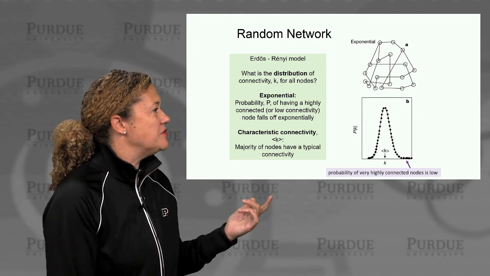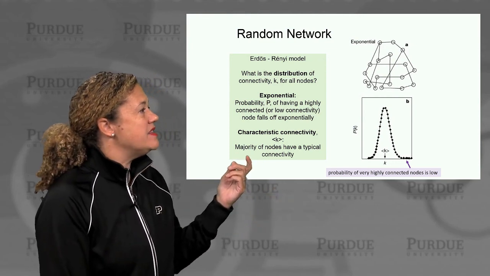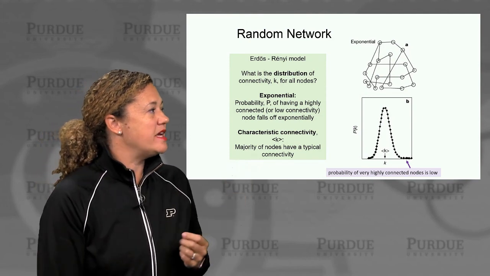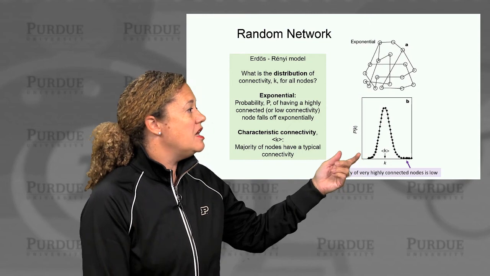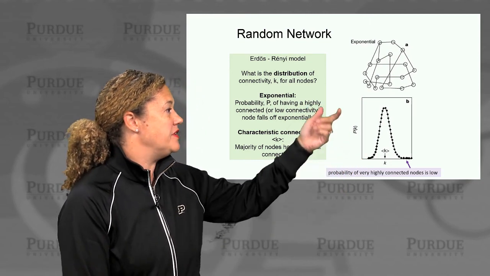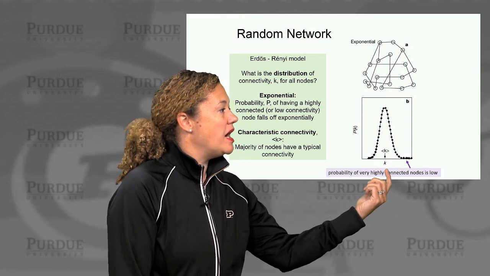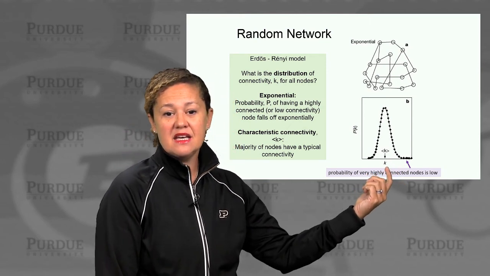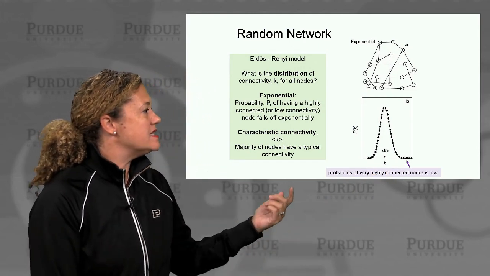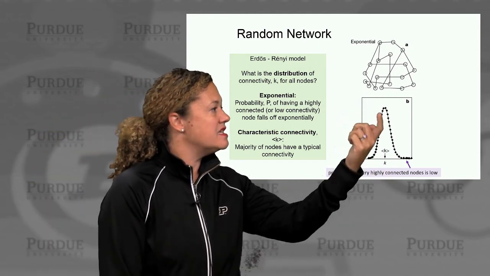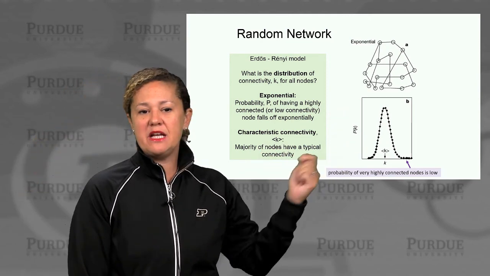So if we go back to our random network model here, we can see that in the case of these models of random networks, and we look at the distribution, which we've plotted here now, of the probability of connectivity on our x-axis, the K or degree or connectivity of a node, we can see a Poisson type distribution that has exponential features.